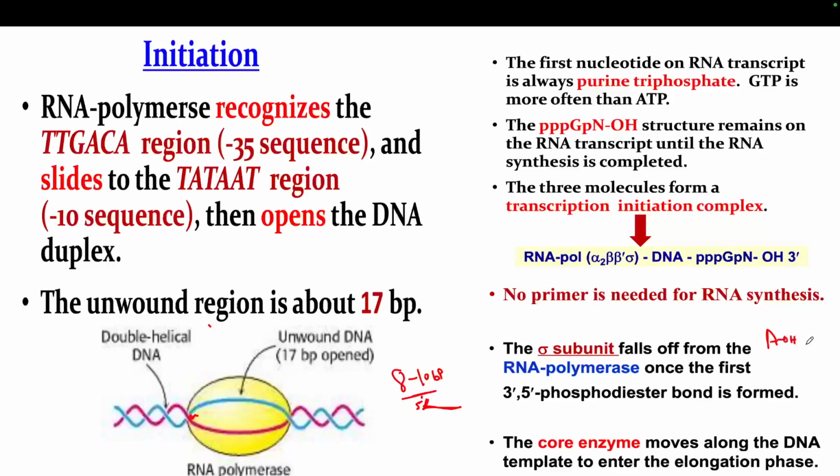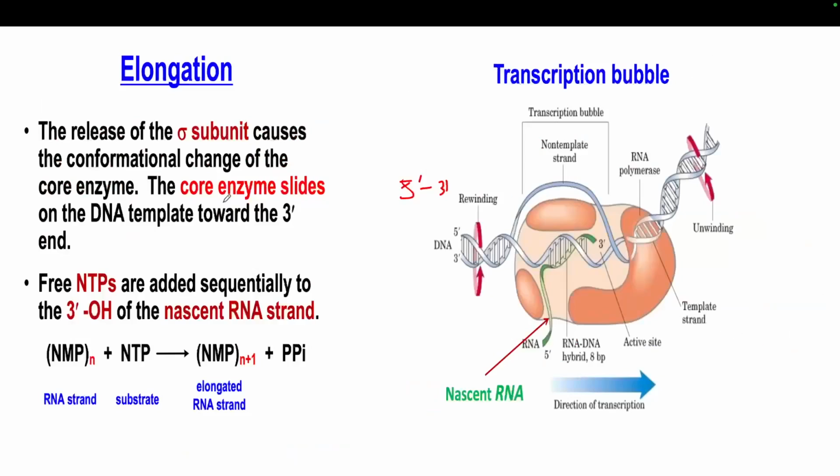So it will act as a primer for the next, or incoming, nucleotide. This 3' end will provide for the addition of further nucleotides, and free NTPs are added sequentially to the 3' OH group of the nascent RNA strand. Like that the mRNA will be elongated by the RNA polymerase in the 5' to 3' direction.